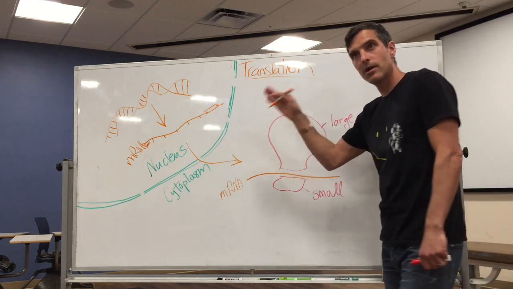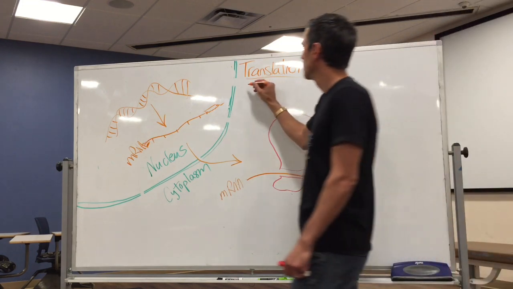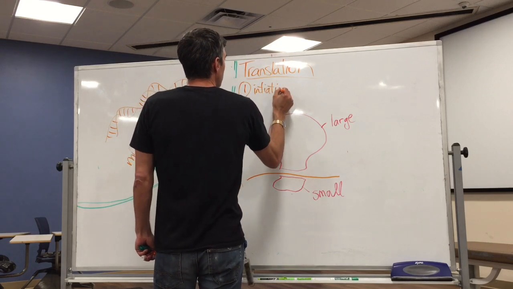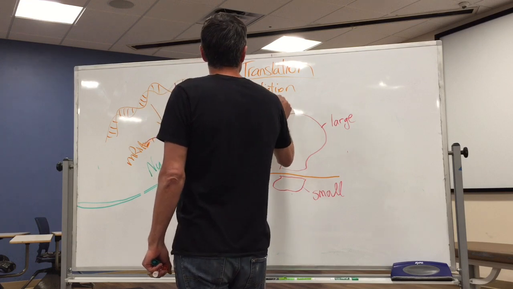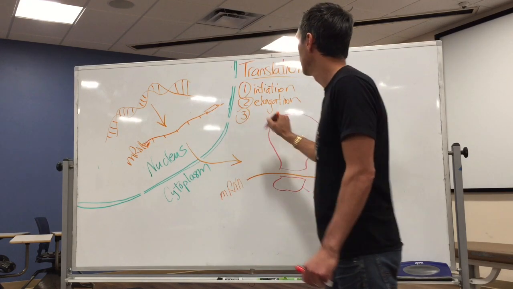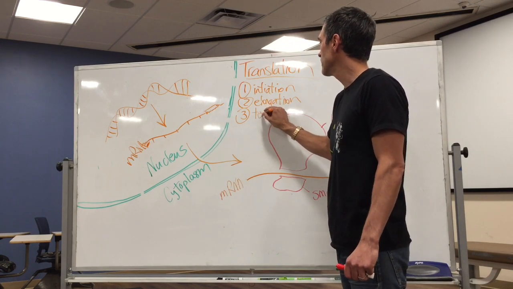Translation, as we talked about earlier, has 3 steps. Initiation, elongation, the same steps that transcription had. And what's the last one? Termination.